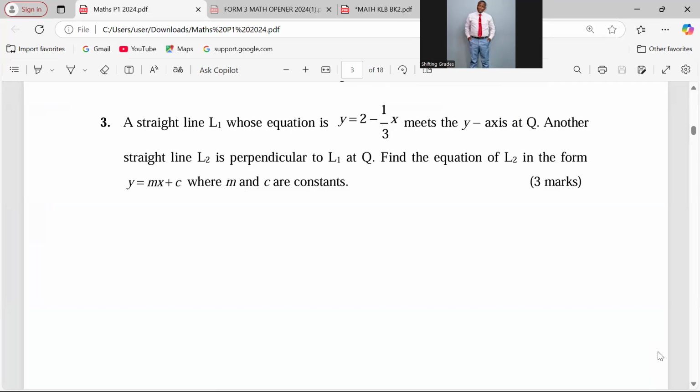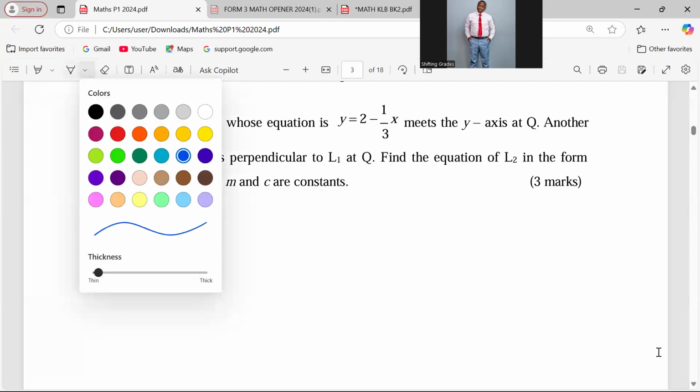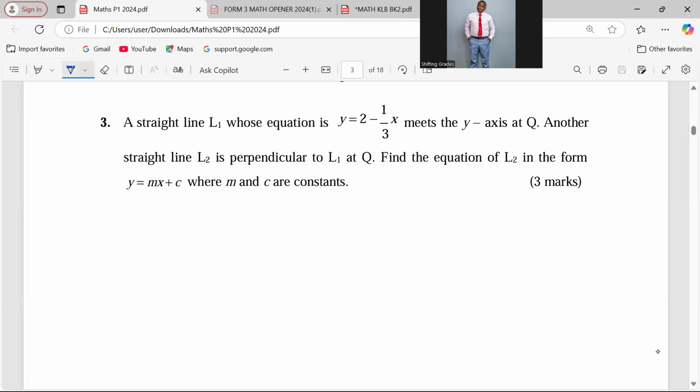We are told a straight line L1 whose equation is y equals 2 minus a third x meets the y-axis at Q. Another straight line L2 is perpendicular to L1 at Q, the same coordinate. Find the equation of L2 in the form y equals mx plus c.